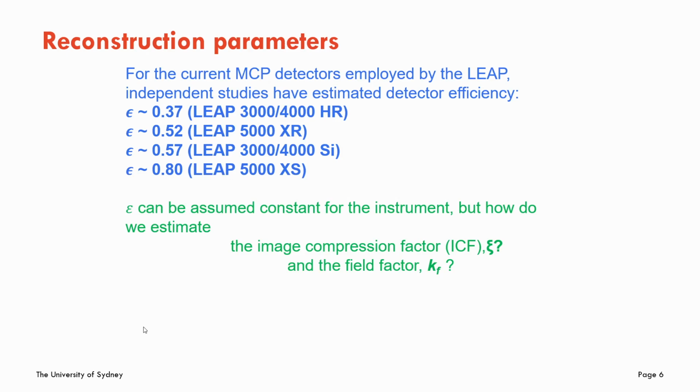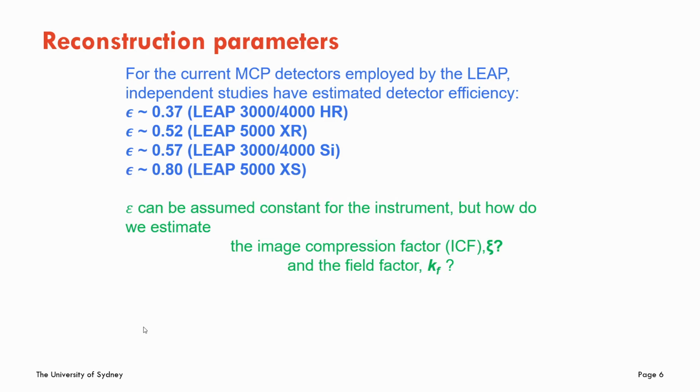As most of you would realize, a couple of new atom probes have just been released by CAMECA, so I'll have to update these slides. But as far as I know, the detector efficiencies of those new instruments are similar to the 5000. I think they're using the same microchannel plate. So for the straight flight path, around 0.8, maybe a little bit less because of some fancy stuff they do with the ion optics.